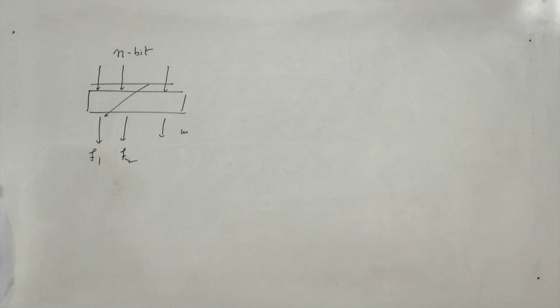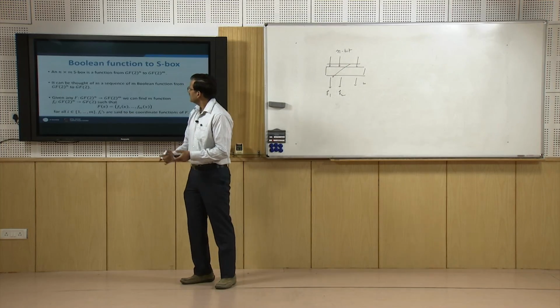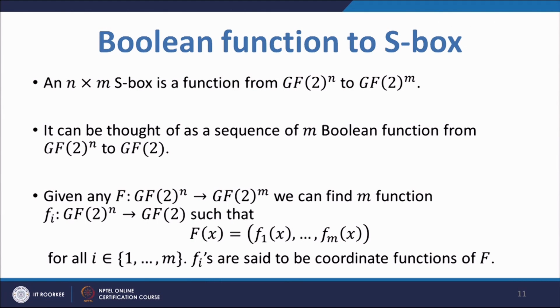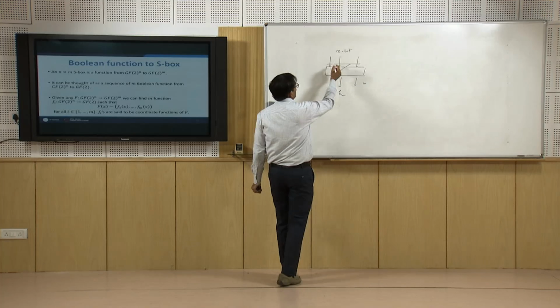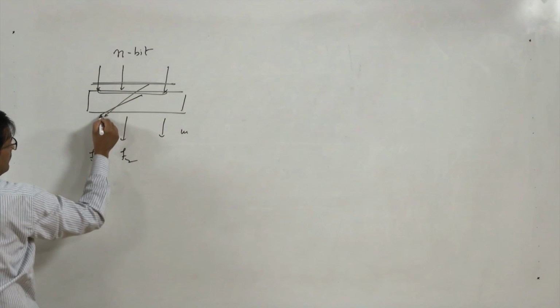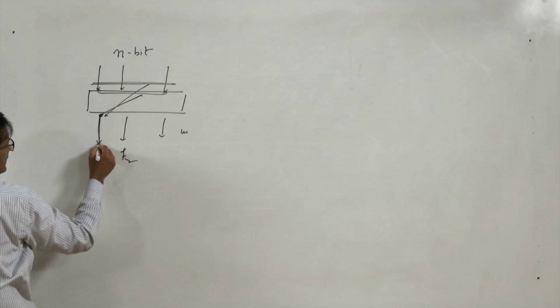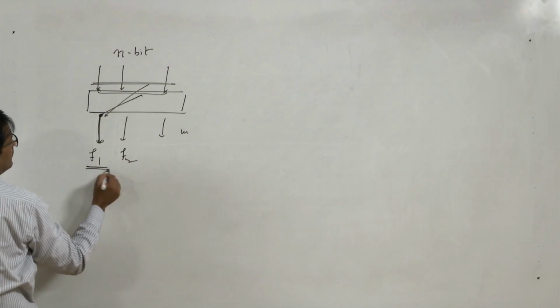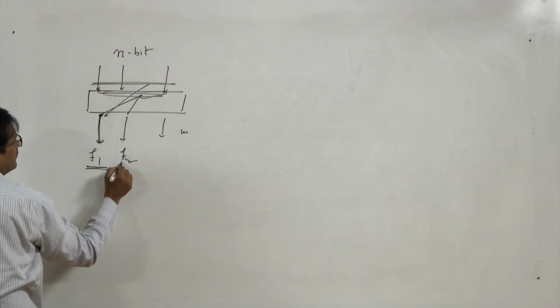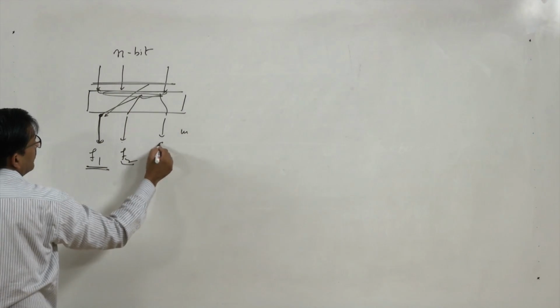That is what I have written here. So, f(x) can be split up into a sequence of Boolean functions f1 up to fm. So, here for example, I have got this input and I will consider only this output and call this a Boolean function f1, then take this input and consider here this Boolean function f2 and up to fm.